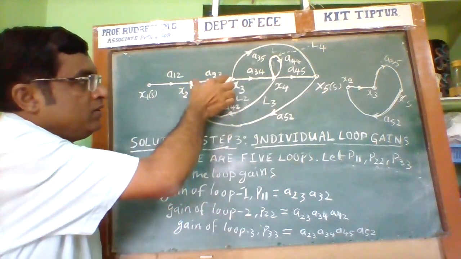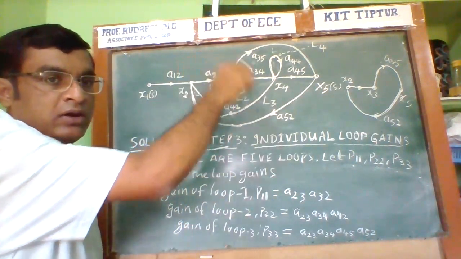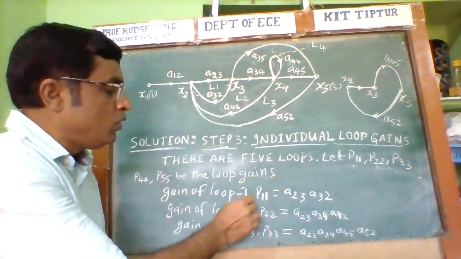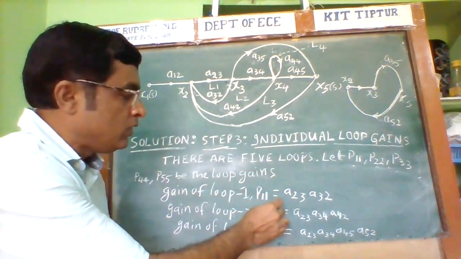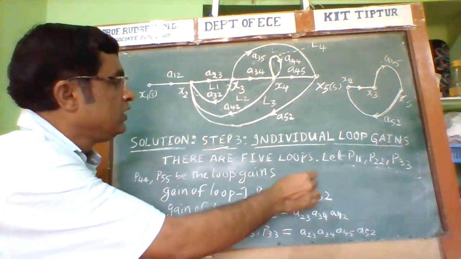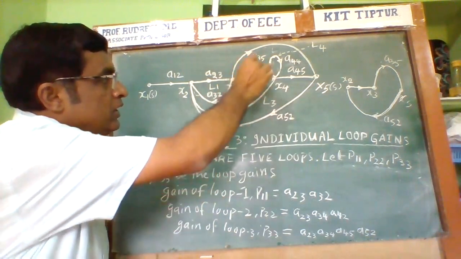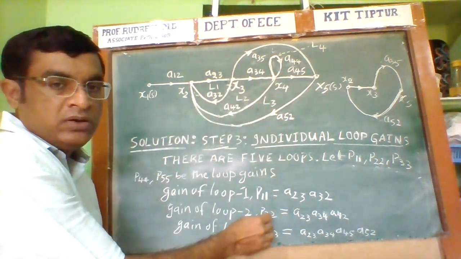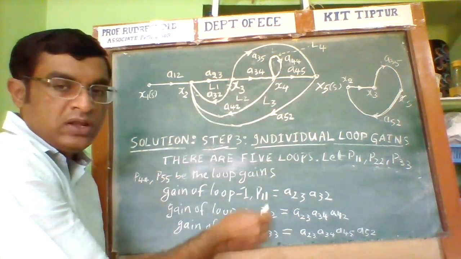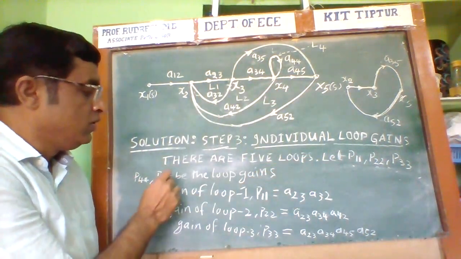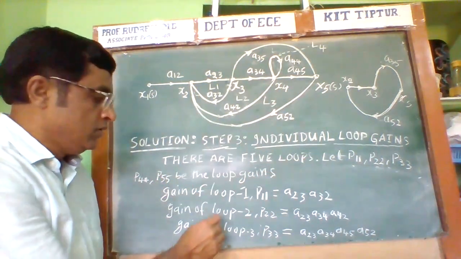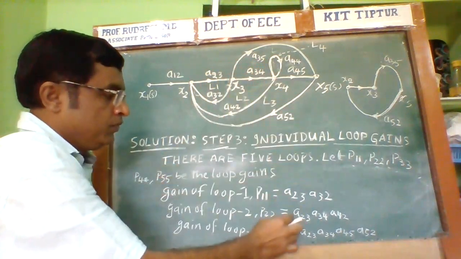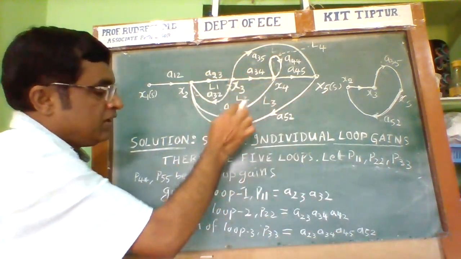The product of the gains of this particular loop is the loop gain. So the gain of loop 1 is indicated by P11, which is equal to A23 into A34. Similarly, the gain of the L2 loop is denoted by P22, the product of the branches A23, A34 and A42.